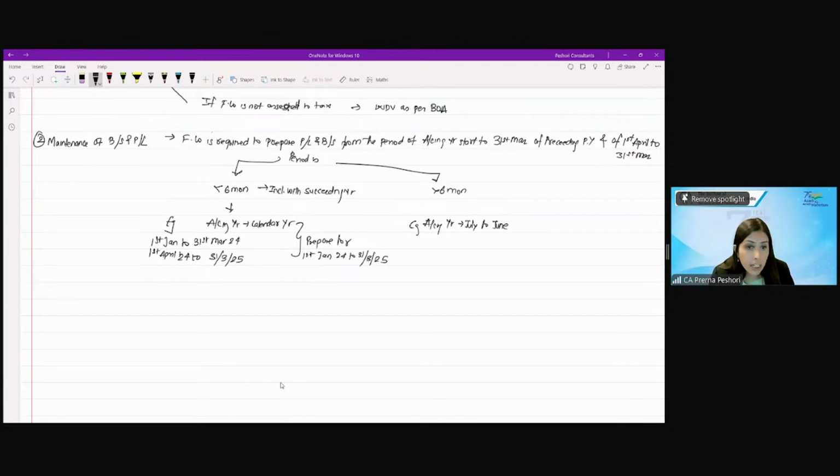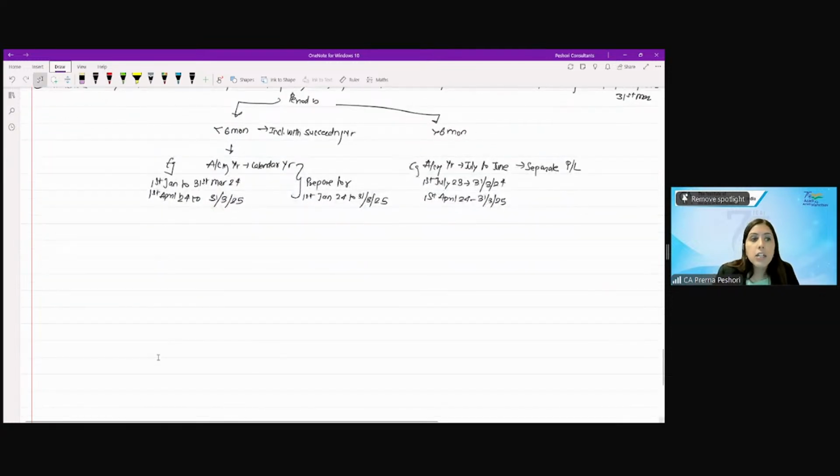So it is required to prepare for the period 1st July 23 to 31st March 24, and then from 1st April 24 to 31st March 25. So then it will be separately prepared. Okay. Then you have the separate P&L prepared.